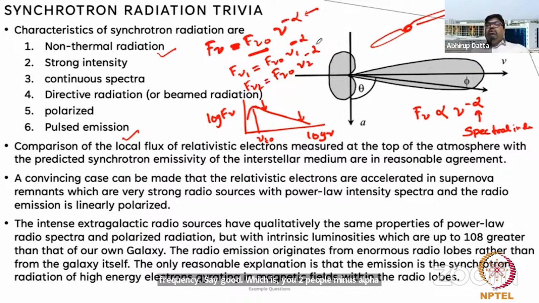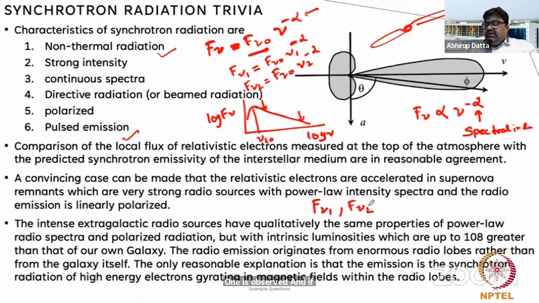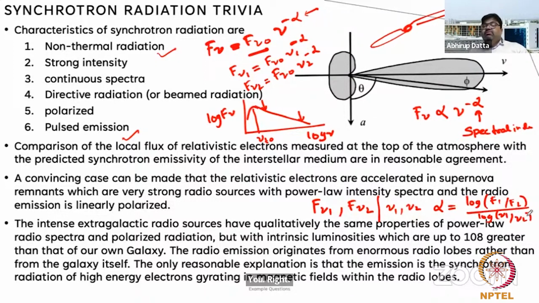Then you take the ratio of the two, and F_nu0 vanishes. F_nu1 and F_nu2 are observed, and you already know the frequencies nu1 and nu2 because they are given. So you can calculate alpha, which is log of F1 over F2 divided by log of nu1 over nu2. That's a very simple way of deriving the spectral index and knowing the nature of the source.